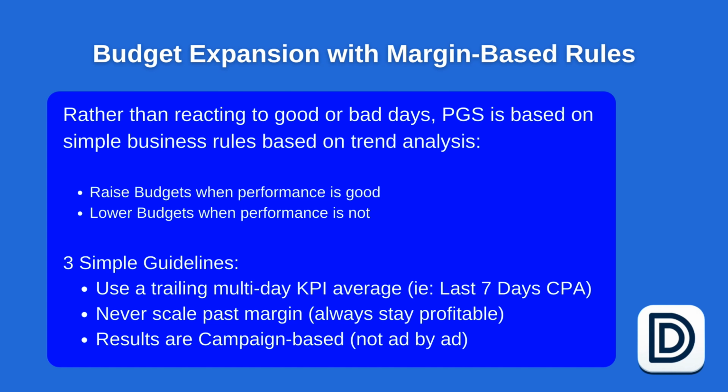Sustainable growth builds momentum over time instead of spiking and collapsing. Performance-gated scaling provides a stable, scalable growth model. It focuses on consistent, manageable budget increases and avoids volatile hockey stick growth patterns. Sharp spikes often lead to just as sharp crashes, creating instability.